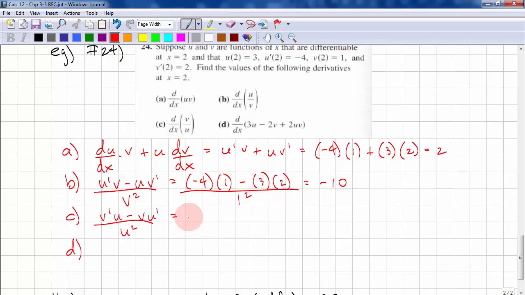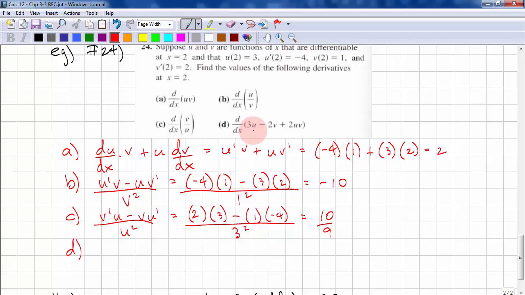Okay, v prime, 2, u is 3, v is 1, and u prime is -4. All over u squared, so that's 3. We have 6 plus 4, that's 10 over 9.